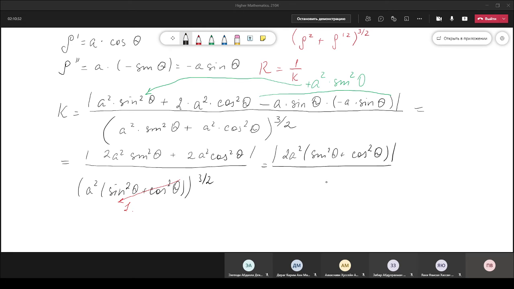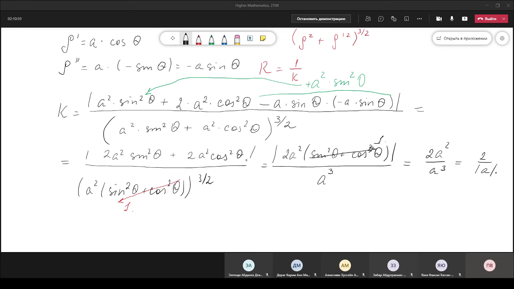We just have a cubed. And this here trigonometric unit 2a squared over a cubed. Or just 2 over modulus of a.